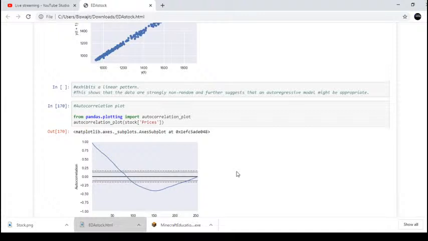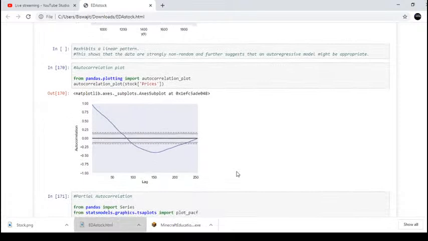That means the current time series cannot be predicted using its historical or past data points, right? To confirm that, we can also use the autocorrelation plot, but it is also used for other purposes, right? It's used to find out the order of the autoregressive part of the ARIMA model, which is the AR part, right?